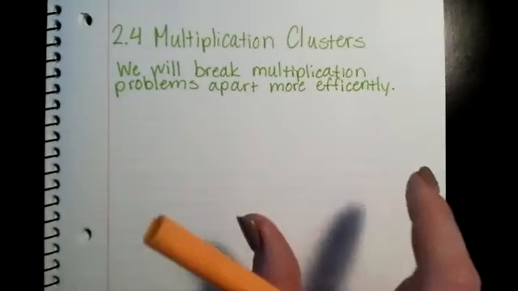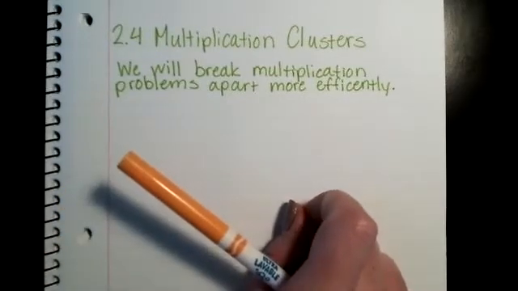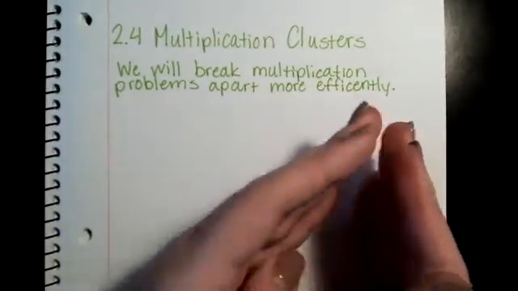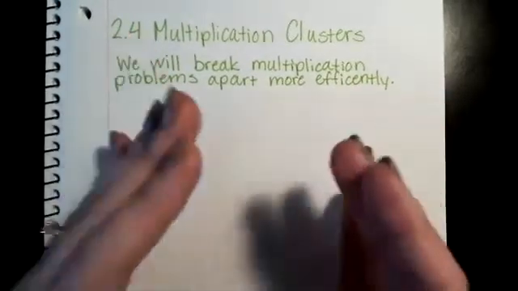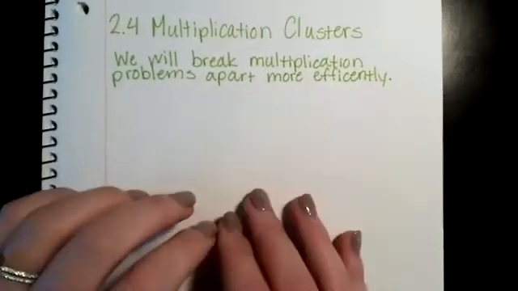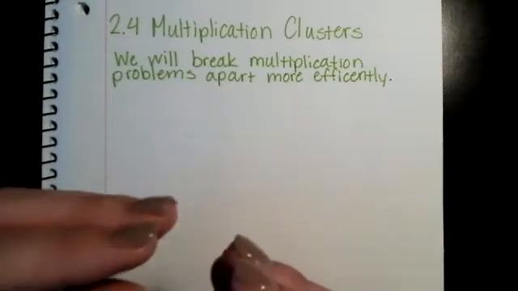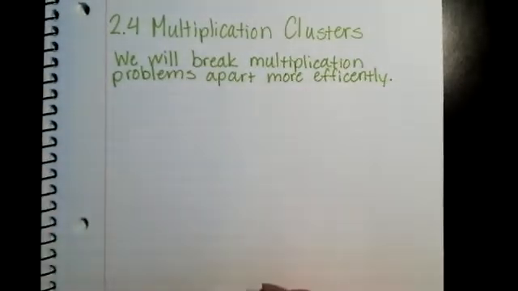Okay, so you're looking for clusters that you recognize quicker. If you tend to find groups of 10 quicker, great. You can look for clusters of 10. If you tend to break apart 10s and 1s quicker, you can do that. As we're going through, I'm going to show you several different ways that you can cluster the same type of problem, and you can start thinking about, okay, which one of those works best for me?